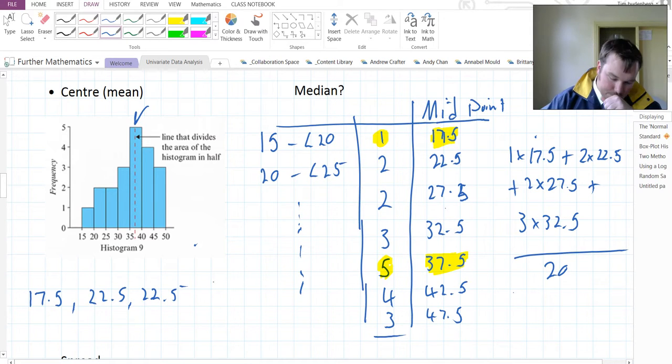Now, the middle one, if there are 20 altogether, is, well, between the 10th and the 11th. And then we count in. Well, where does that fall? So this is 1 in total together we're 3 in. Then here we're 5 in, 8 in, 13 in. So the median would fall in this bracket as well.